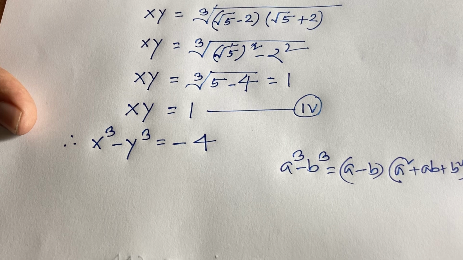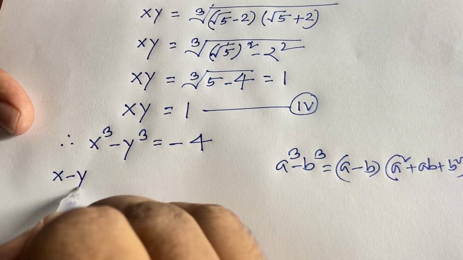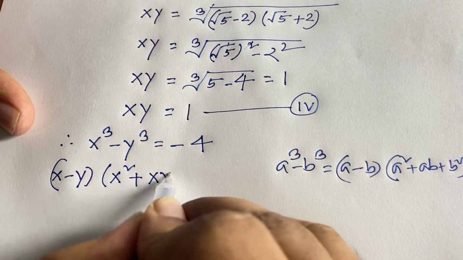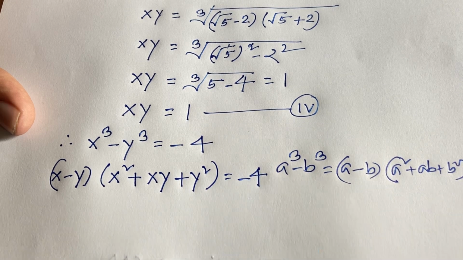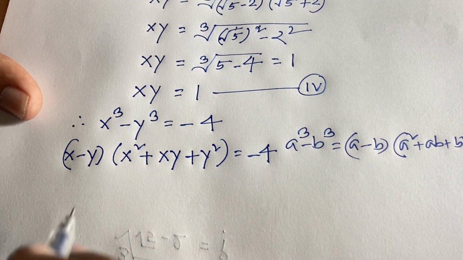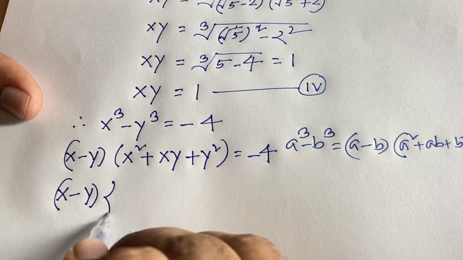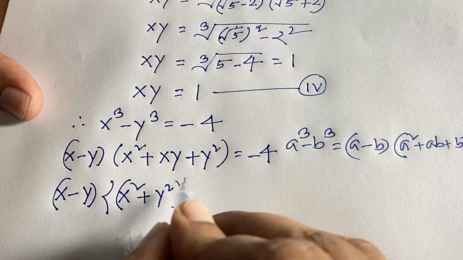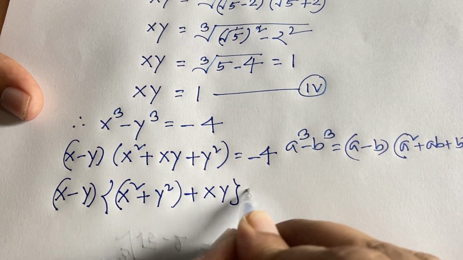According to this identity, x cubed minus y cubed is x minus y times x squared plus xy plus y squared, equal to minus 4. So x minus y times, x squared plus y squared, bracket, plus xy is equal to minus 4.